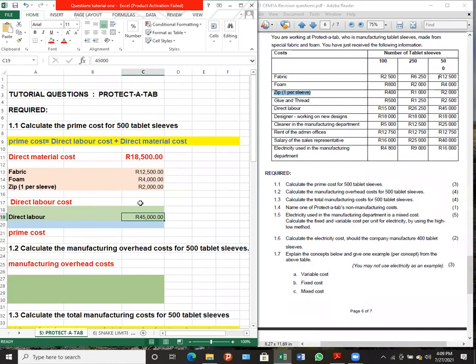A designer won't be direct, because remember, the definition of direct labor is the labor who converts raw material into a finished product, the one who physically converts. A designer is the one who comes up with a design. Are we together?